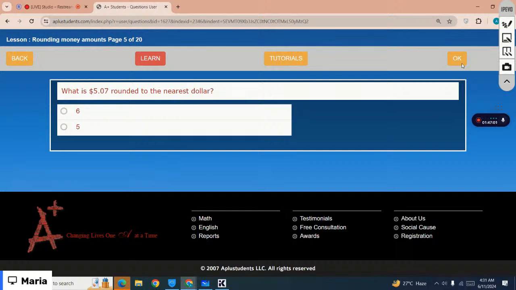What is 5.07 rounded to the nearest dollar, which is the correct option? The correct option is 5.